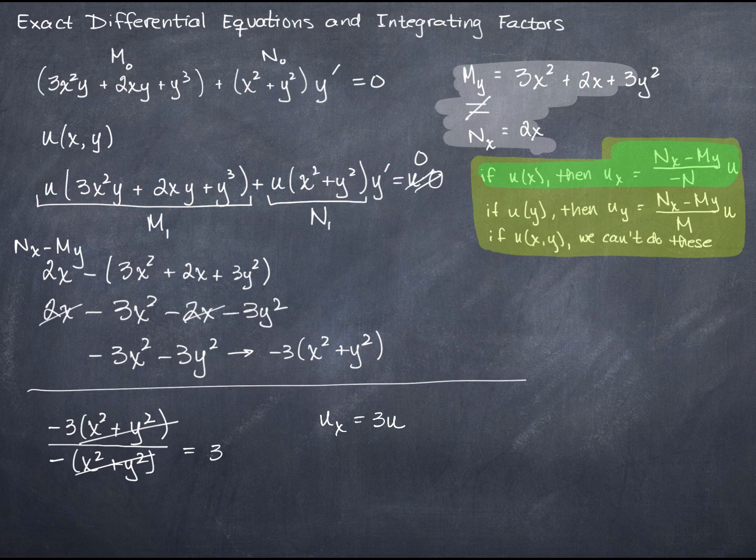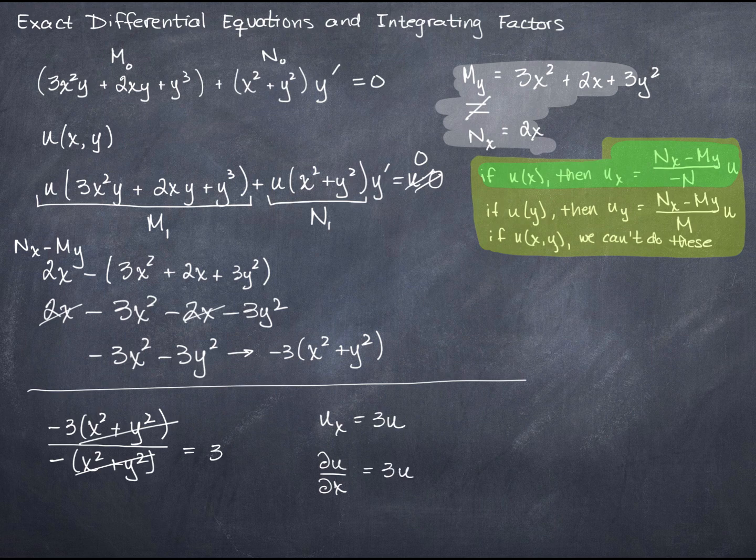Why does it matter so much? Why do we care? Well, ultimately, what we want to find here is u, right? And so right now what I've got is an expression for du dx. It's actually technically the partial of u with respect to x, but because there is only one variable involved here, we're only dealing with x's in these expressions, I guess I could get away with saying du dx, and that's equal to 3u.